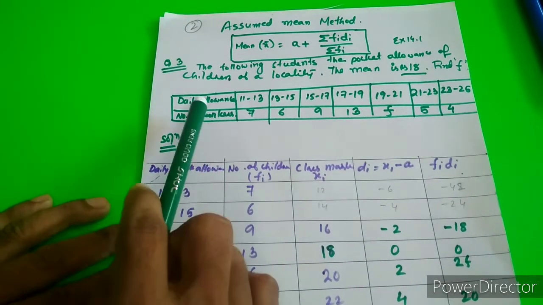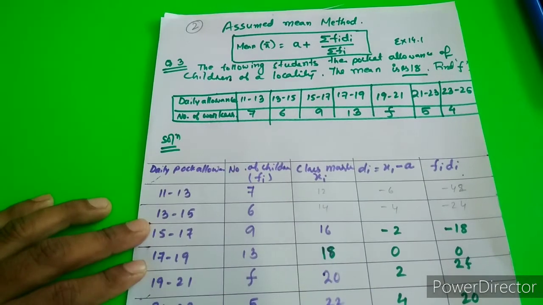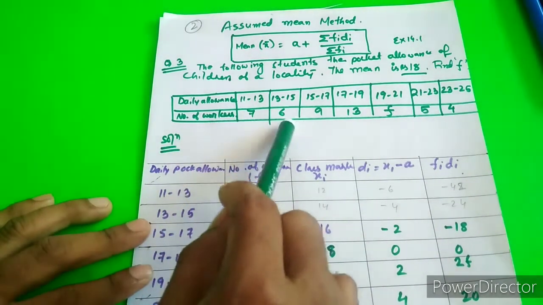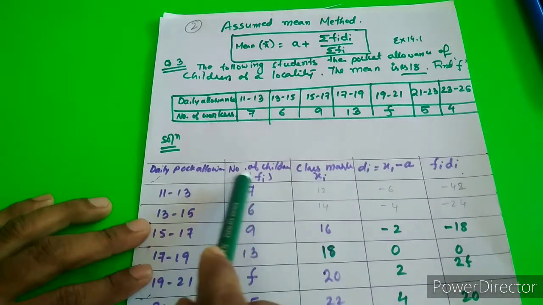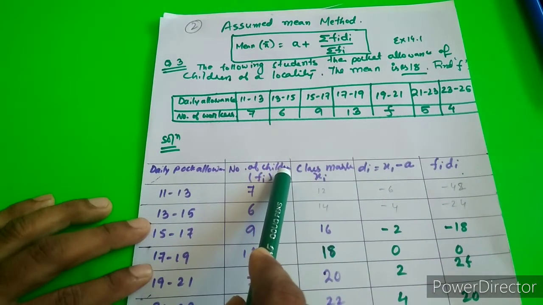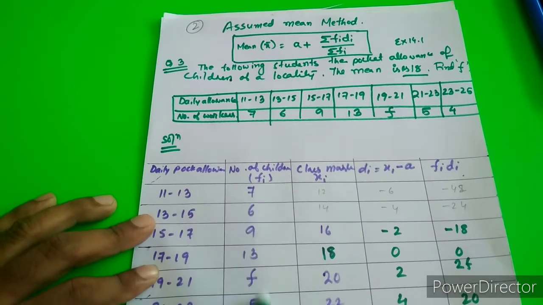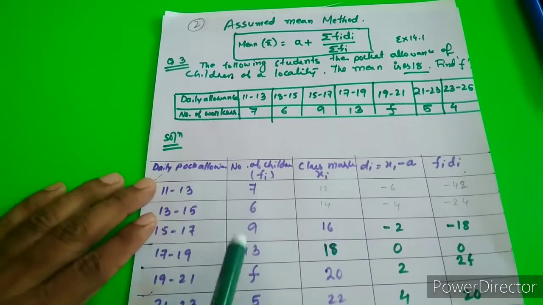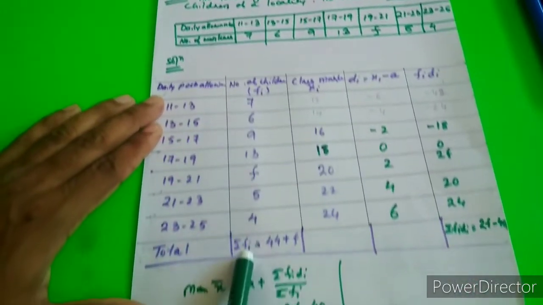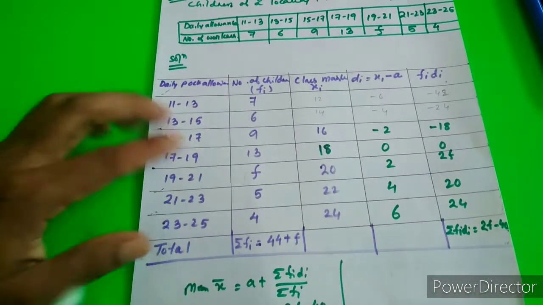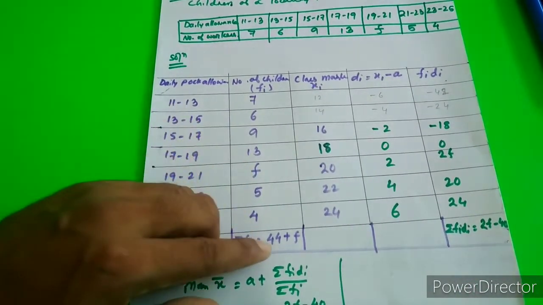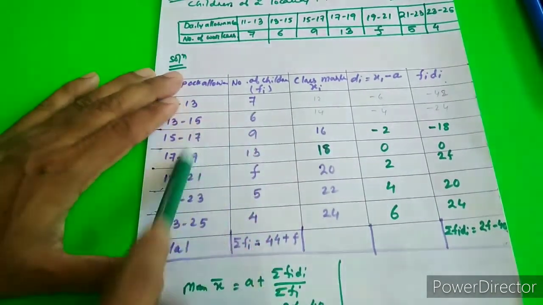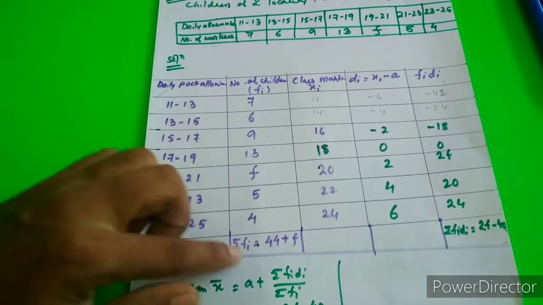The daily allowance class intervals are given. The frequencies, the number of workers or children, are already there. Summation of fi means adding up all the values, and since f is not a number, we write 44 plus f. These are all given in the question except this.